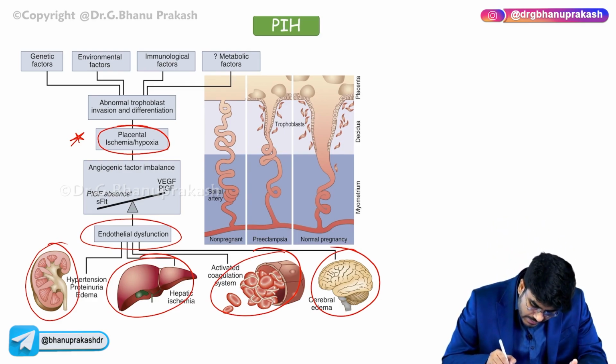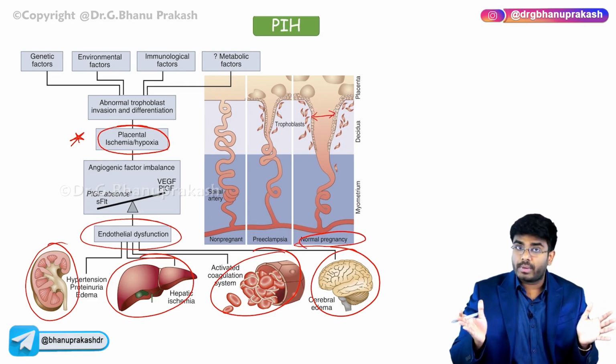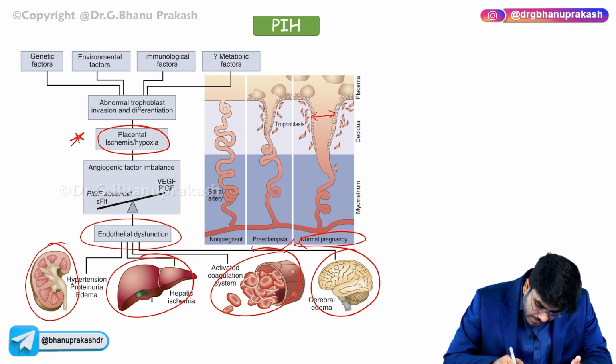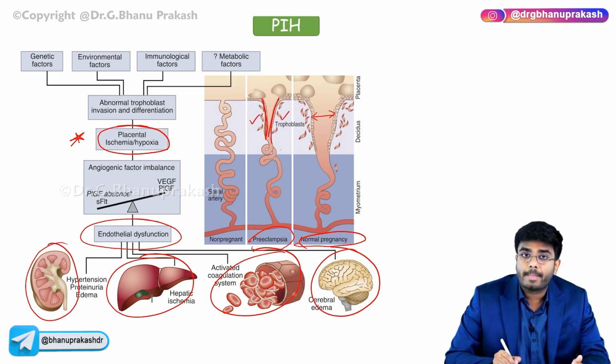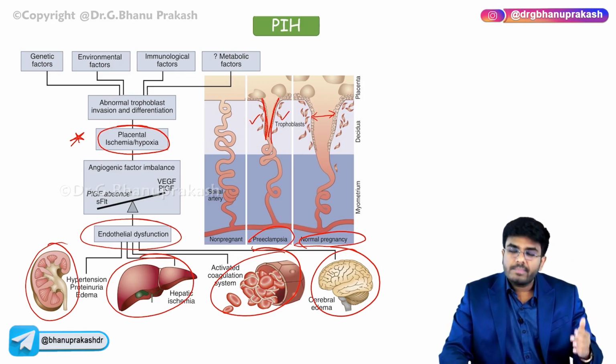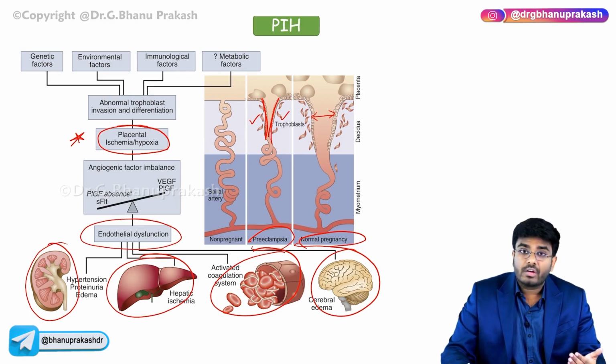And here also you can clearly see this is a normal pregnancy. In normal pregnancy, the maternal spiral arterioles are wide open. They are low resistance channels. But here in preeclampsia, you can very clearly appreciate that these vessels are high resistance channels. So that's what leads to the placental ischemia and all the downstream cascade of events.